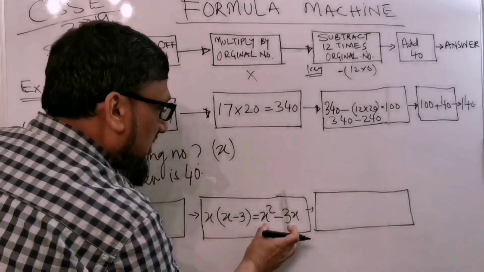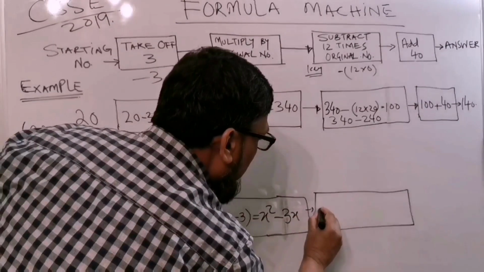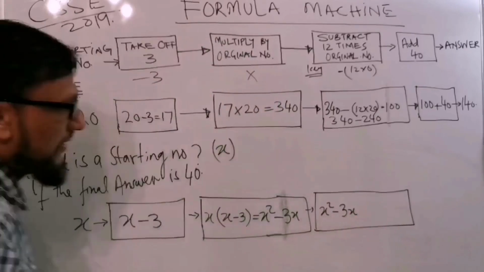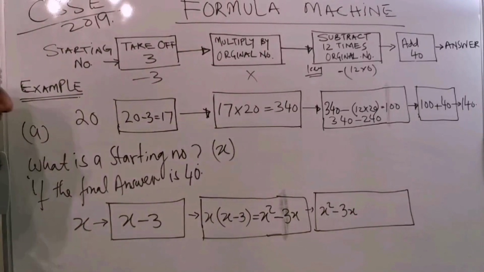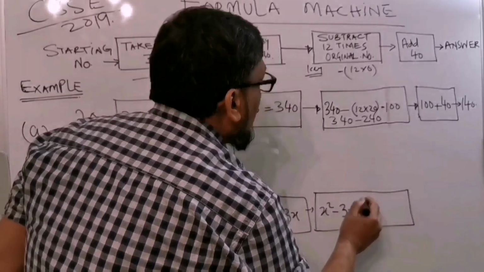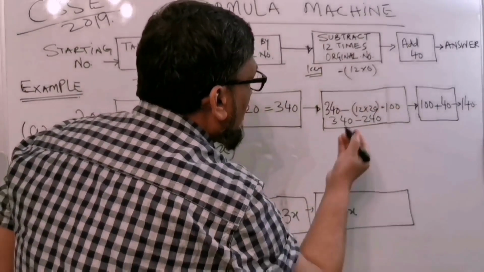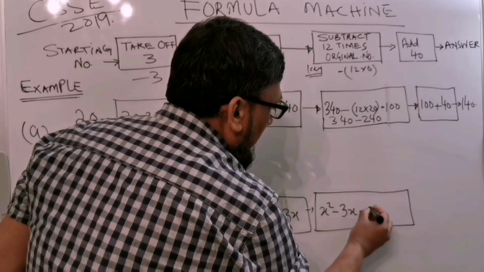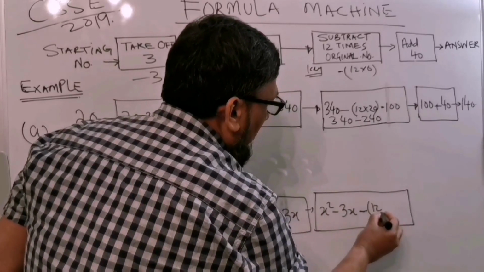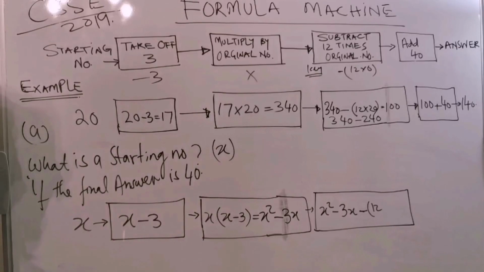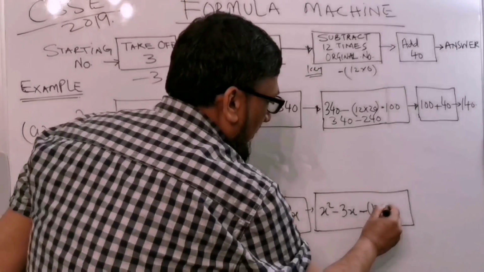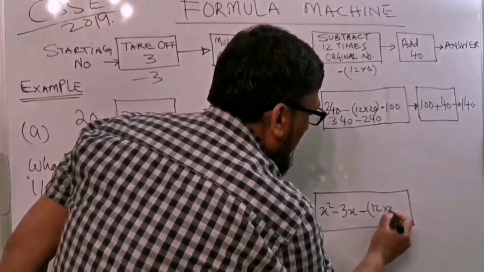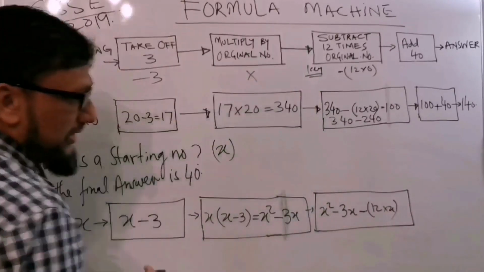The answer we have is x square minus 3x, and 12 times the original number x, so I do minus 12x.